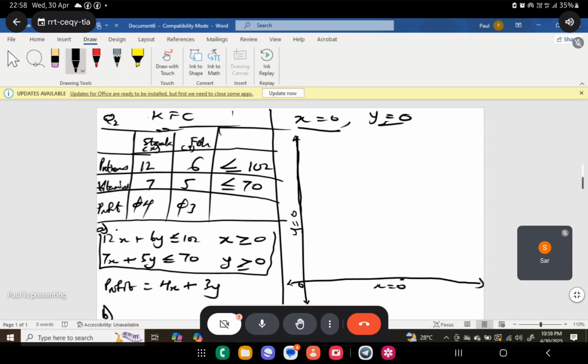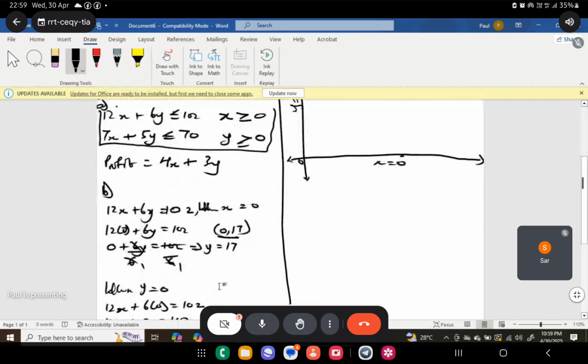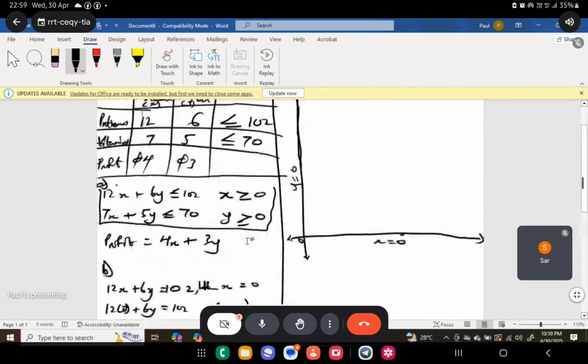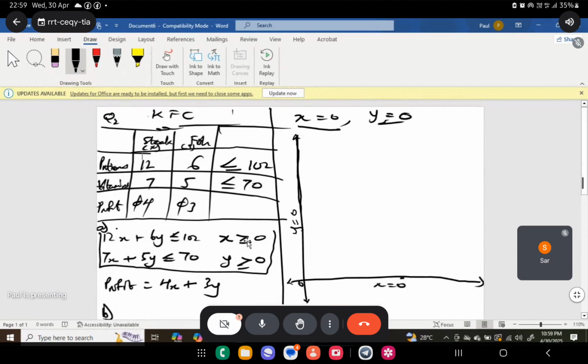Now, the first point for the first line was 0, 17. So this is the x-axis. This side is the x-axis. This side is the y-axis. This is 0.